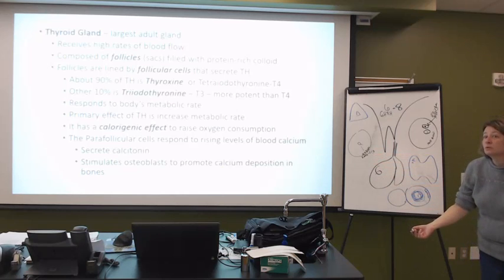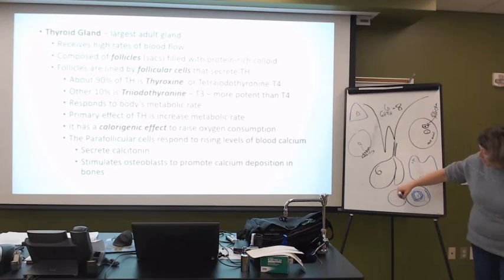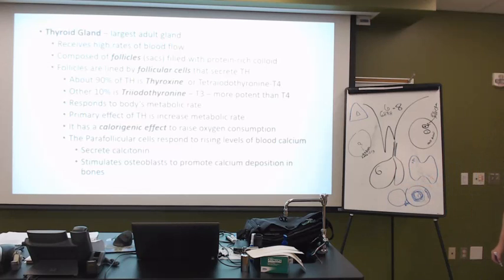Para means around. And so parafollicular means cells that are around these follicles, and they secrete calcitonin.